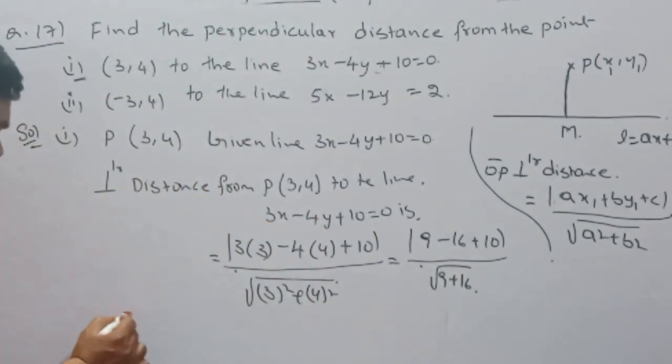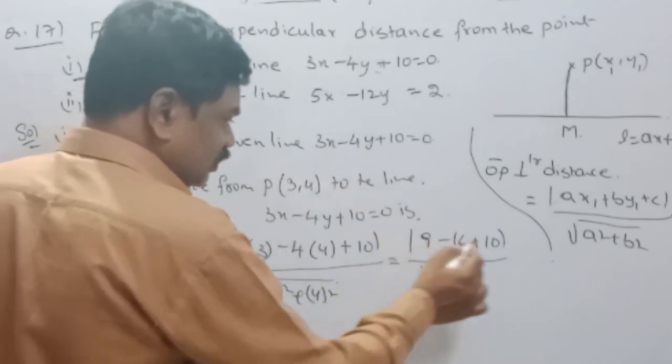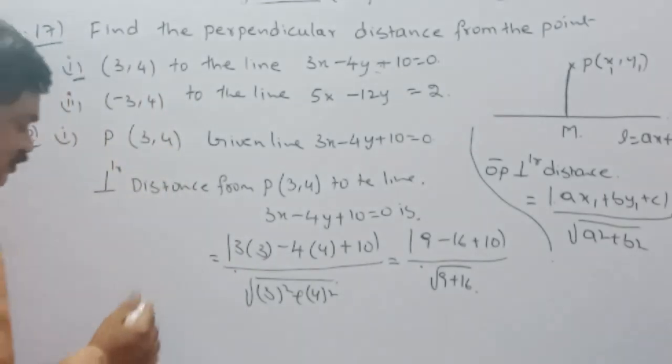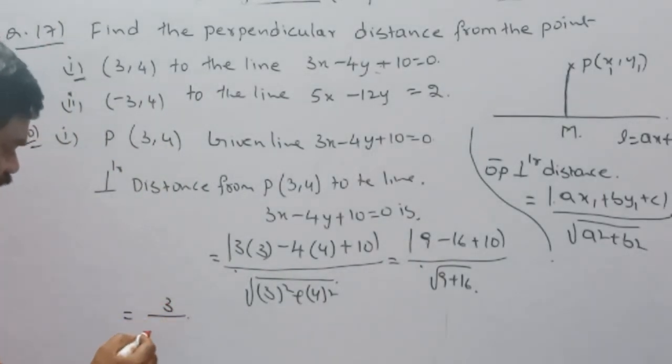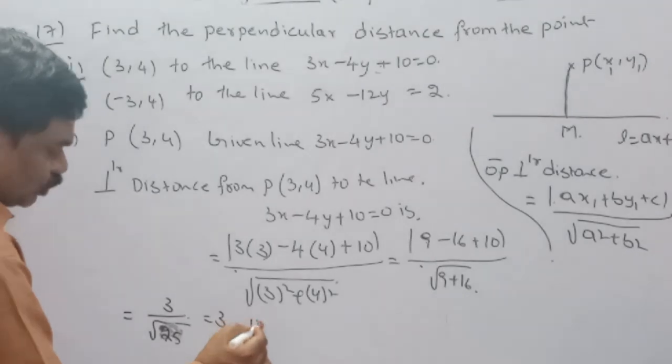So 9 plus 10 is 19, 19 minus 16 is 3. 3 by root over 25.